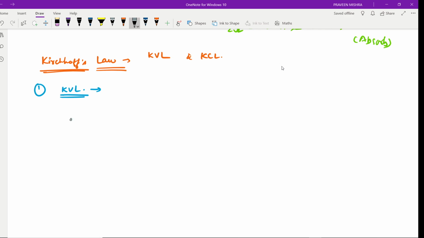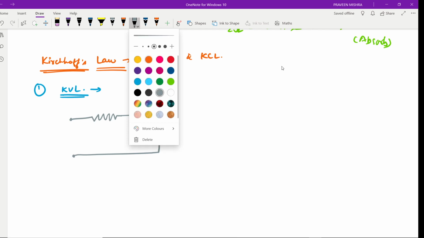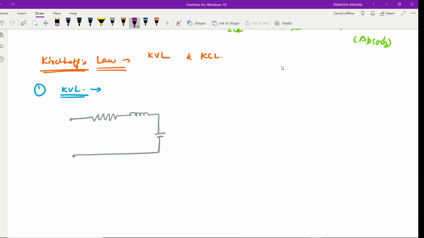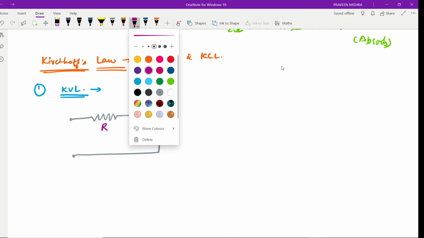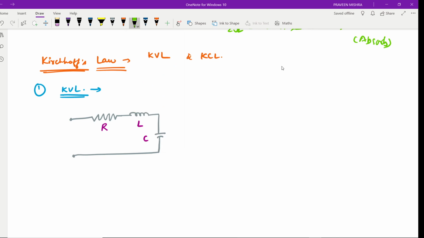Let us consider this one is R, this one is inductor L, and this one is the capacitor C. Okay, R, L, C. The total voltage across this is Vi.